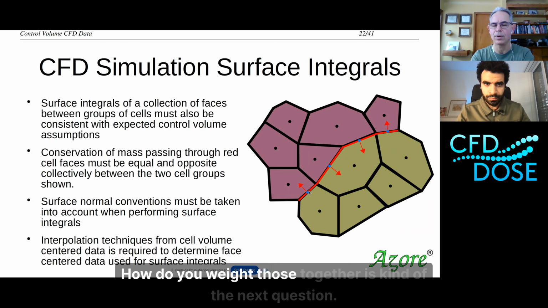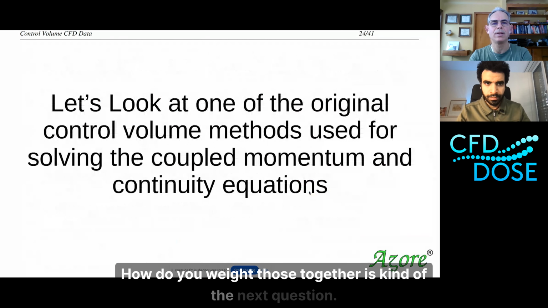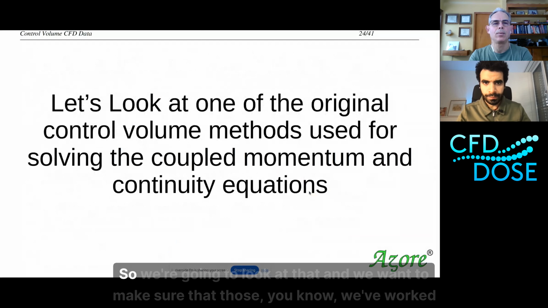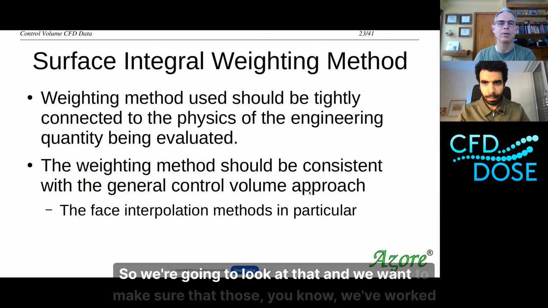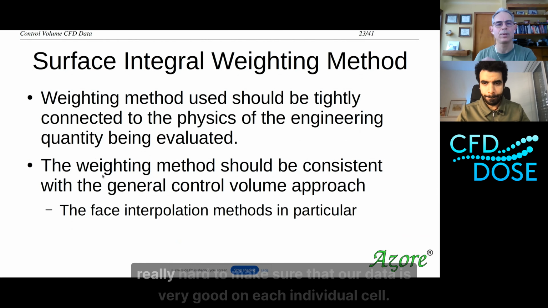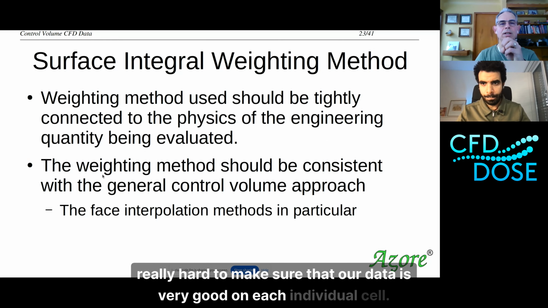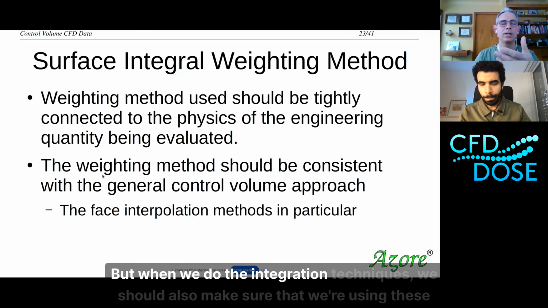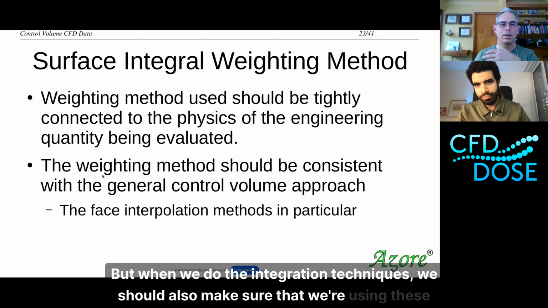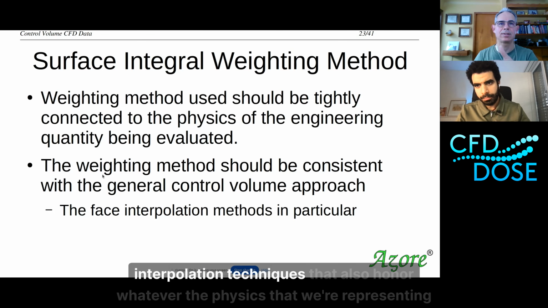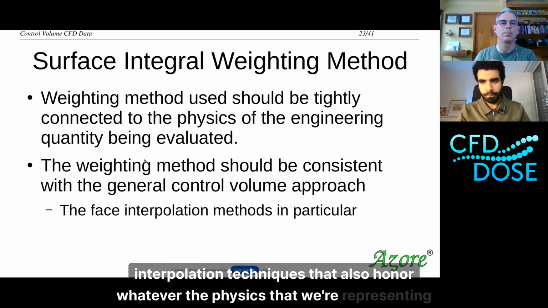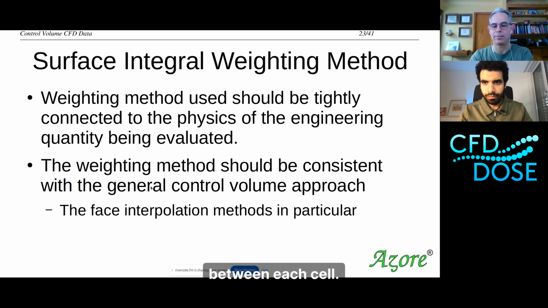How you weight those together is the next question. We've worked really hard to make sure that our data is very good on each individual cell, but when we do the integration techniques, we should also make sure that we're using interpolation techniques that honor whatever physics we're representing between each cell.